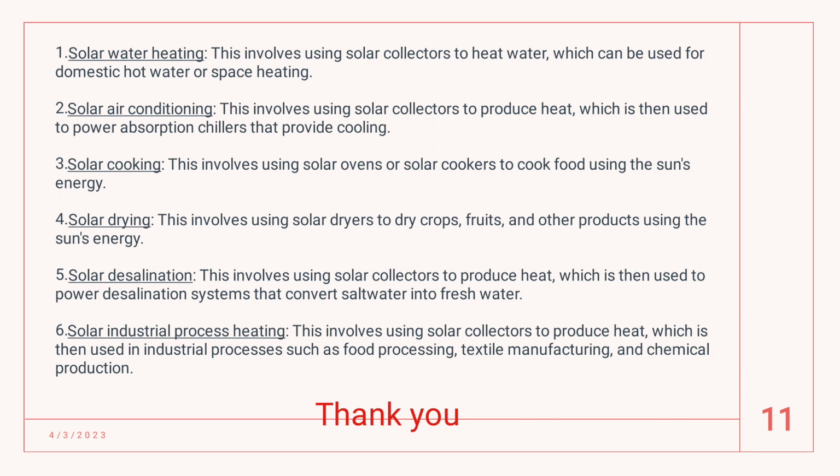We can use solar radiation for different purposes. For example, heating up water through a solar water heater, and we can also use it for solar air conditioning, where the collector plays a major role, which is then used to power an absorption chiller that provides cooling.